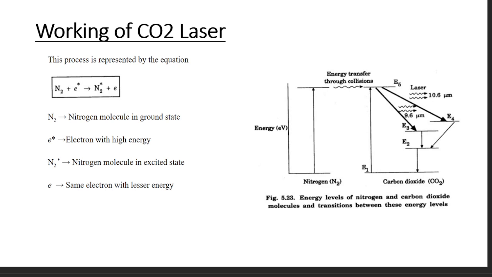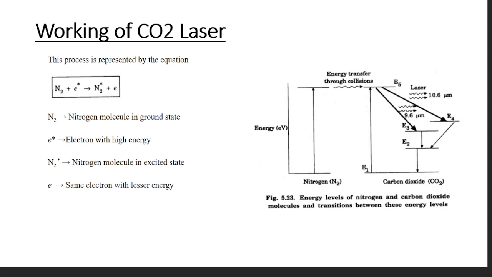And population inversion is created between E5, E4 and E3. During the transition E5 to E4, it will radiate a photon of 10.6 micrometer, and during the transition of E5 to E3, it will radiate a photon of 9.6 micrometers. So that is the actual laser output.